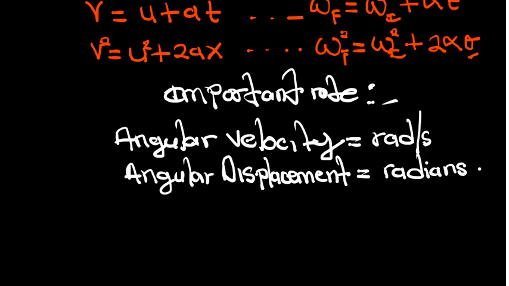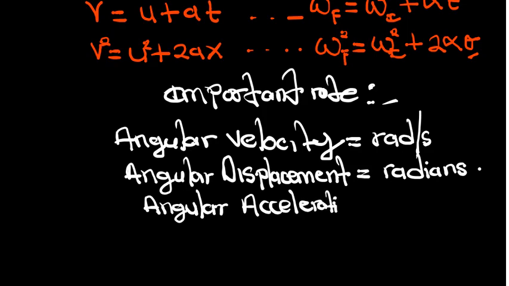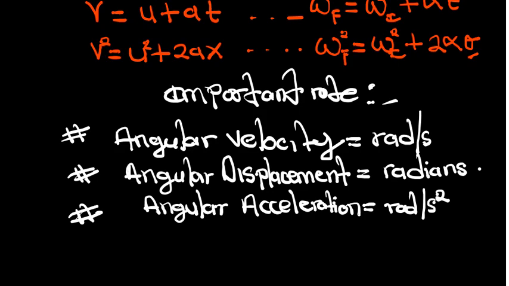And then the angular acceleration, just like the way you have meters per second squared for linear acceleration, for angular acceleration the meters now change to radians, so it becomes radian per second squared. So these are the SI units that you're supposed to look for when you're dealing with objects moving in circular position.